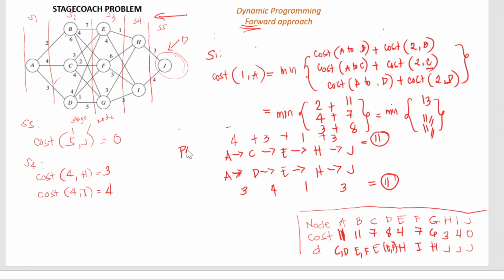Okay, so these are your paths. And these are the estimated minimum days or minimum distance that you can have in this stagecoach problem. Again, this is using the forward approach.